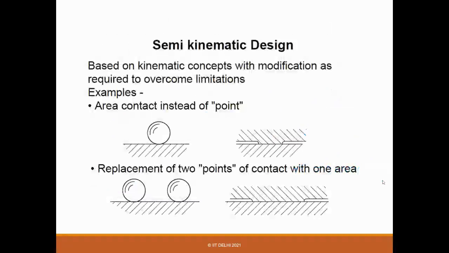For instance here, you know this works in principle. This is what you want. But this is a contact, and of course it's infinitely rigid, which will not happen. So there will be some dent and contact stresses developed, which will lead to failure. So what we do is spread it over an area, and we start making this kind of feature.